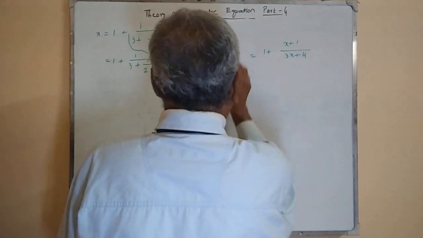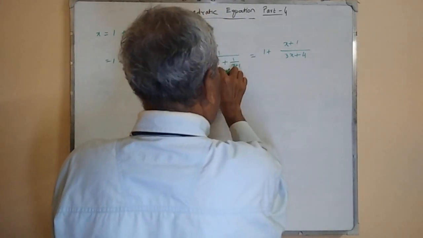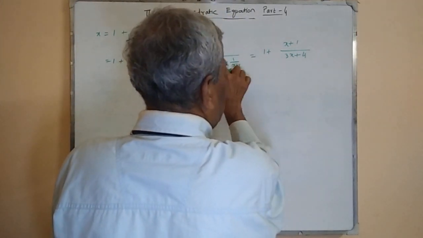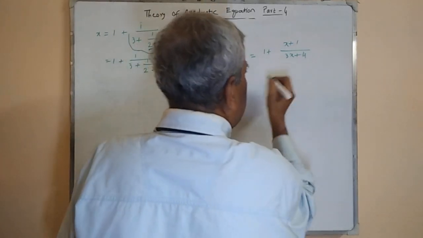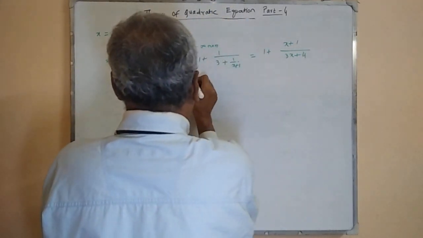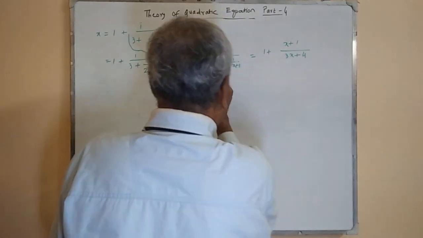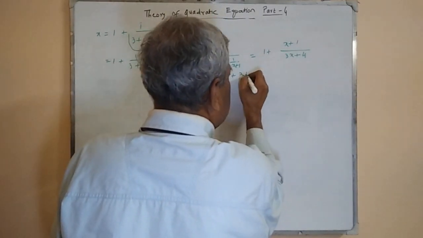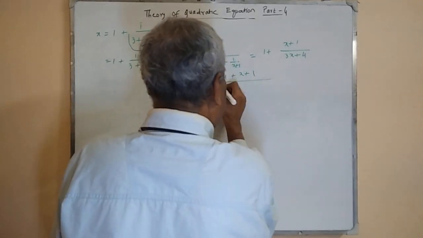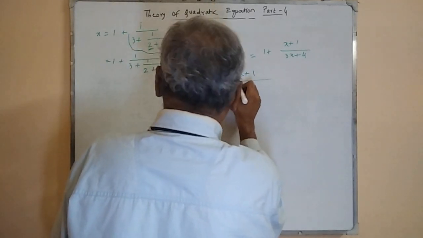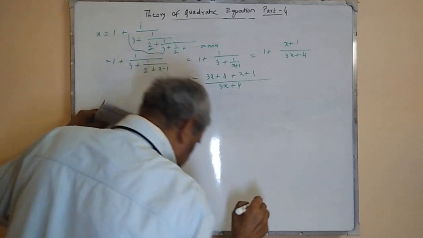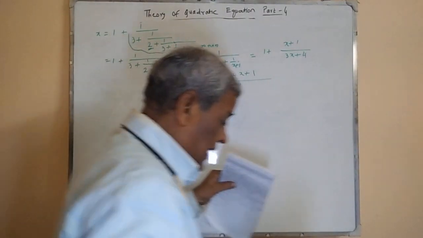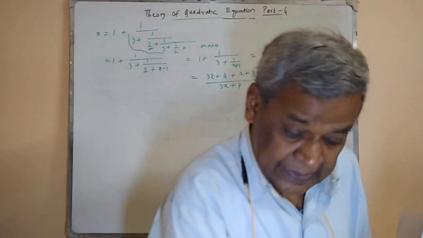So that 1 upon 3 plus 3x plus 3, 3x plus 4, x plus 1 is there. So it is equal to 3x plus 4 plus x plus 1 divided by 3x plus 4. And left hand side is 1.